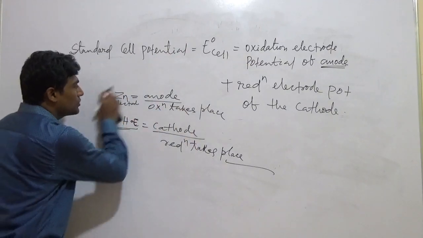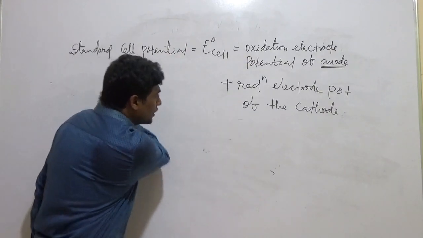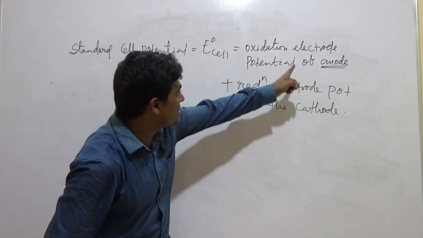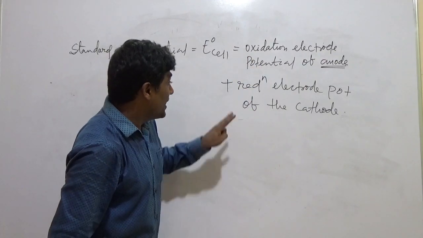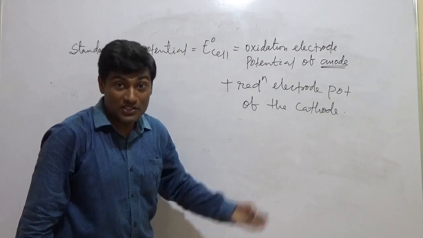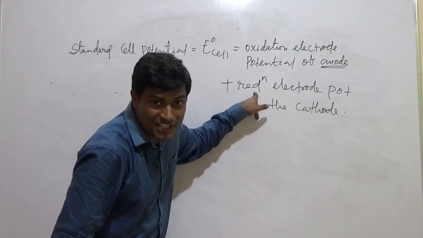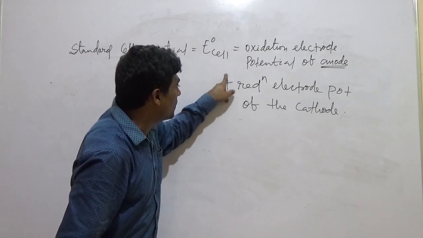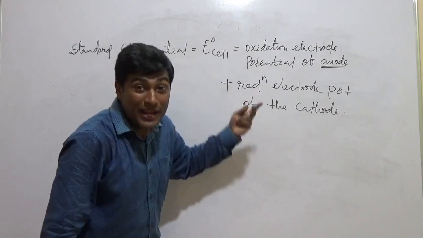You are saying oxidation electrode potential of anode. If we change this reduction into oxidation, then I can change this sign from positive to negative.